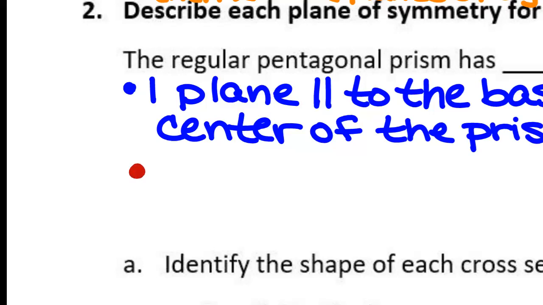It doesn't necessarily always mean up and down, because I could take that prism and knock it on its side, and then perpendicular to the base would be this way. But with it oriented the way it is here, perpendicular to the base would mean top to bottom.